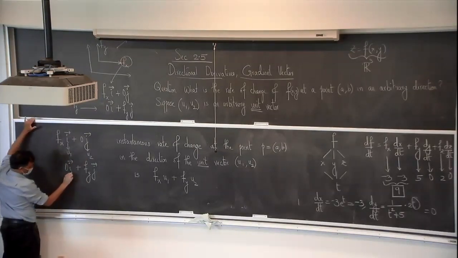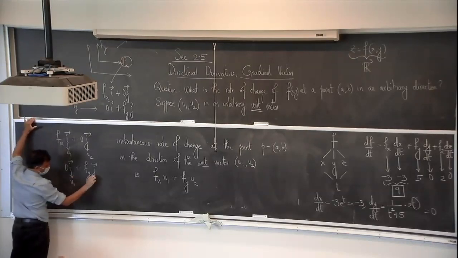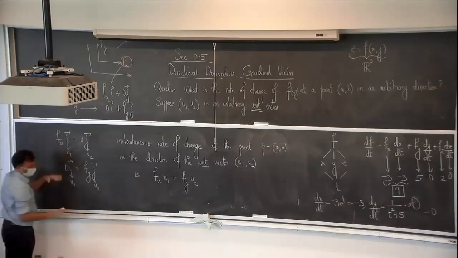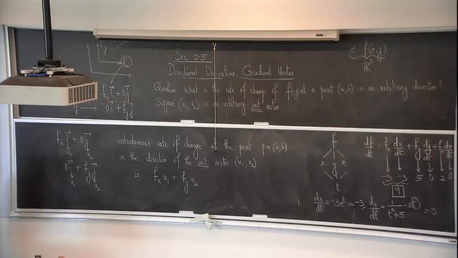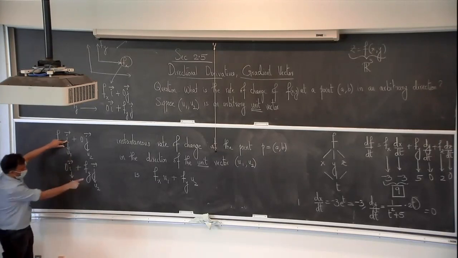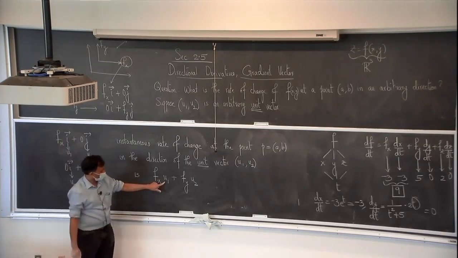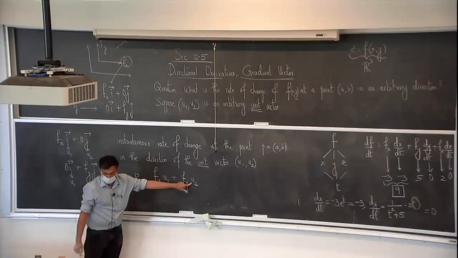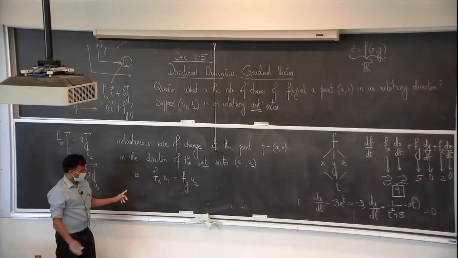In that case also you had u1 and u2. These are unit vectors, which means the length is 1. So in general, if you are going to change it to some arbitrary components, all you're doing is just replacing the i and the j by u1 and u2. You can check it back.